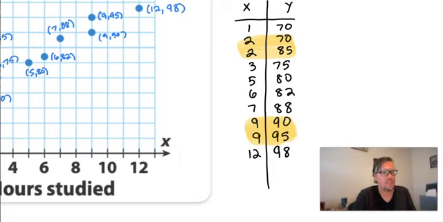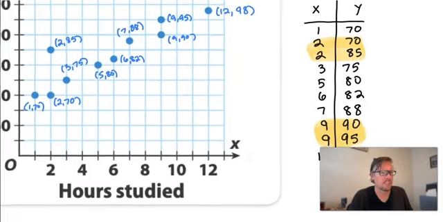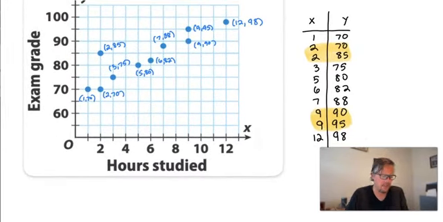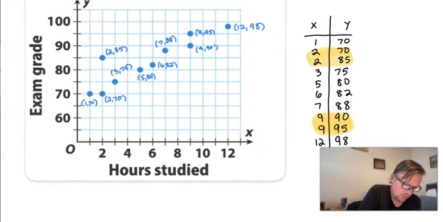So not a function. So let's go back to our graph and let's look at those specific pairs of points and see if we can tell just from the graph, because I don't want to have to write the coordinates and do this table to tell if it's a function. I'm going to be able to just look at the graph and tell. So here were the 2's, and then I'm going to use a different color for the 9's.